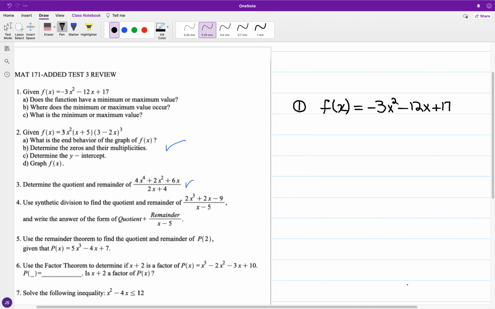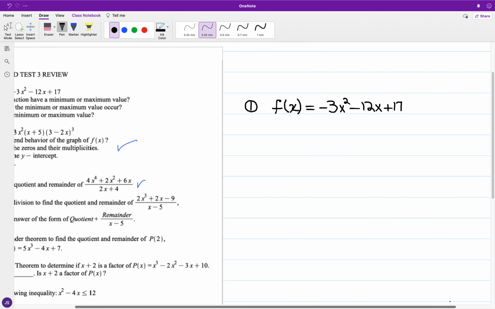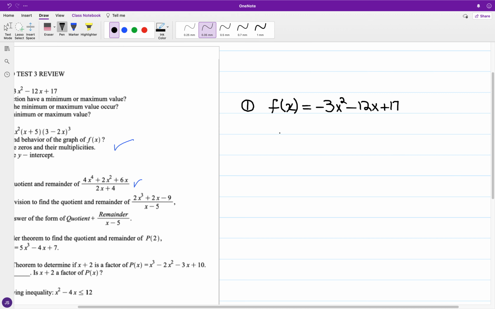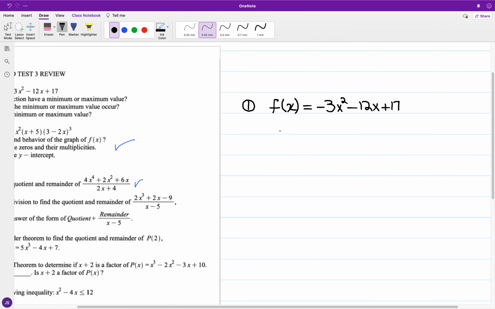And looking at translating this form over to the vertex form, we can separate the variable terms apart from the constant 17. Okay, so we have negative 3x squared minus 12x, again followed by the addition of 17.